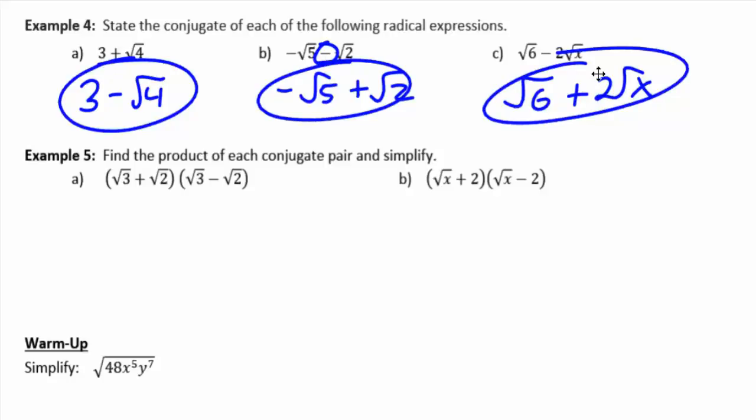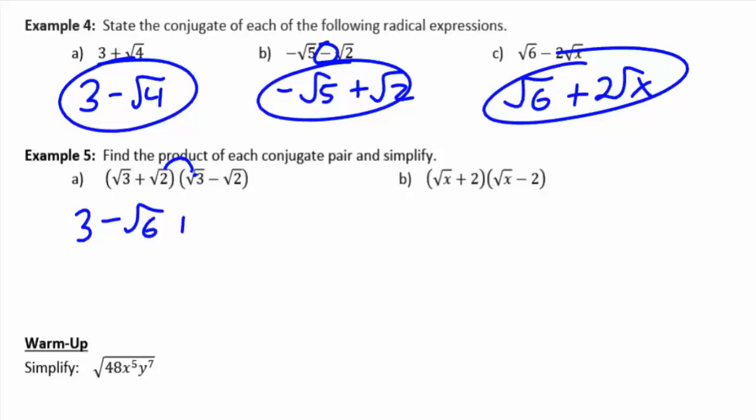Why are we doing this? Well, because we have this special multiplication property with conjugates, just like x plus 3 times x minus 3 became x squared minus 9, and you just get those 2 terms. That's going to happen with radicals as well. Take a look. Radical 3 times radical 3, that's just 3. Radical 3 times negative radical 2 is negative radical 6.